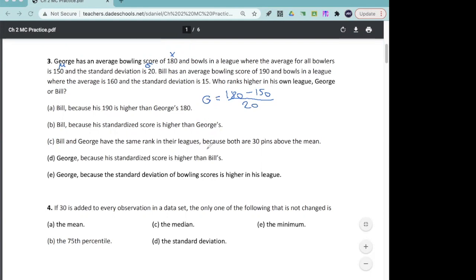And Bill, same idea. You have 190. This is X minus the average over the standard deviation. That's Bill. Whichever one is bigger is going to give you the correct answer. That's the G and the B, which are really the z-scores. They tell you how many standard deviations above the mean each player was.